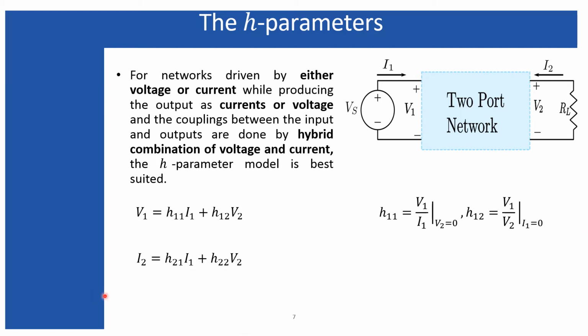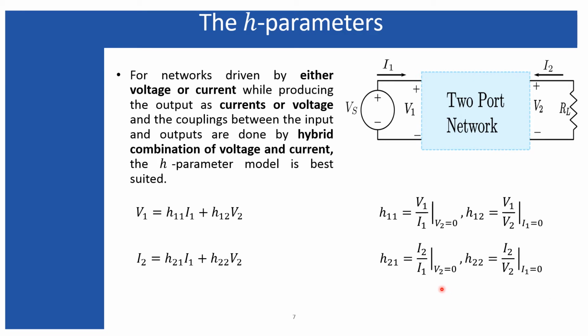Next one is the I2. The output current is represented as the weighted sum of the input current and the output voltage, similar to the previous one. But since right now it is the output current, the coefficients are represented as H21 and H22. And what are they?